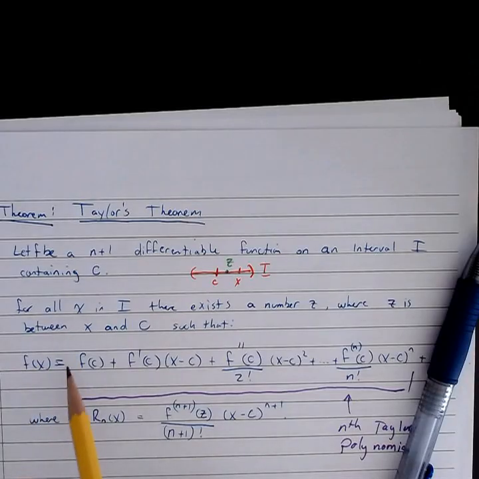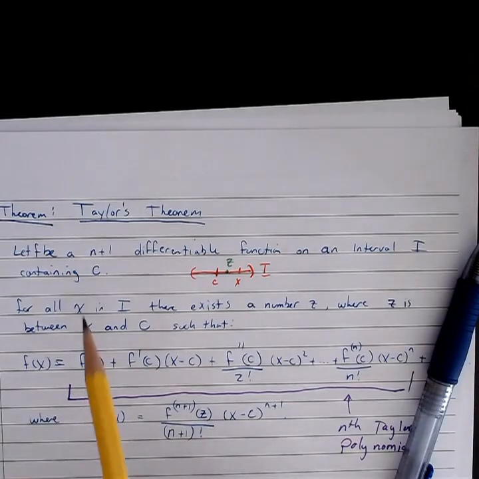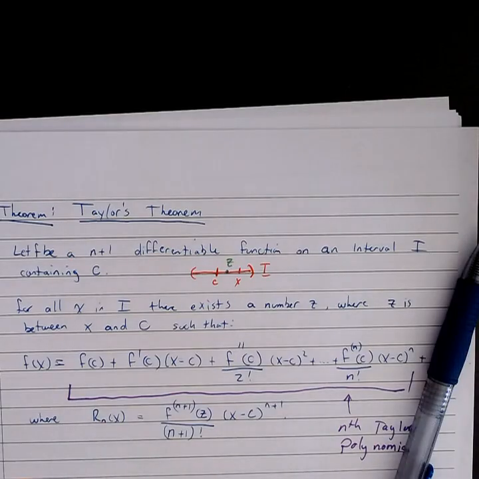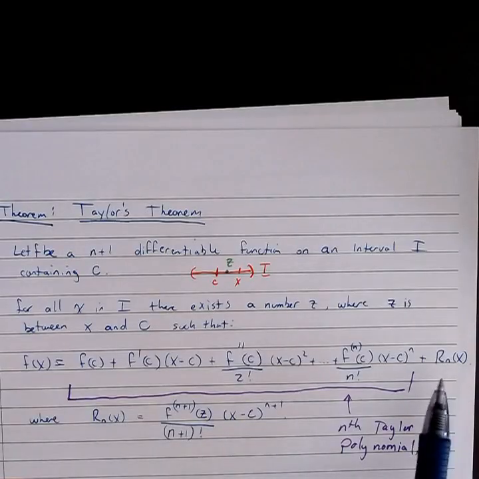This is only approximately this. A function is approximately its Taylor polynomial. But we've seen that they're not exactly the same. Here, we would use that wavy equal sign. What Taylor's theorem says is, no. The polynomial that we built is actually exactly equal to the function as long as we add a little extra something.